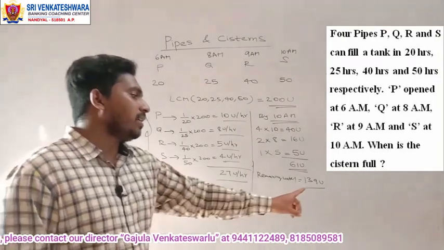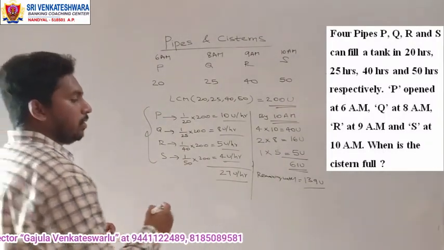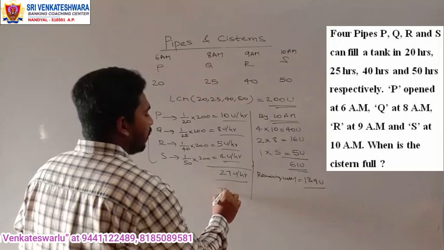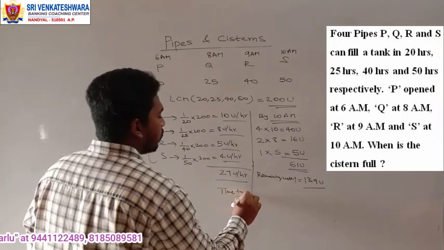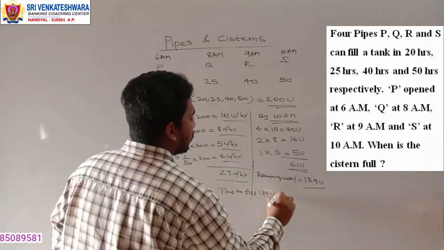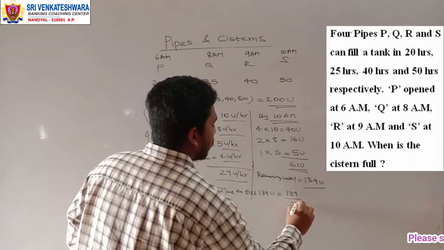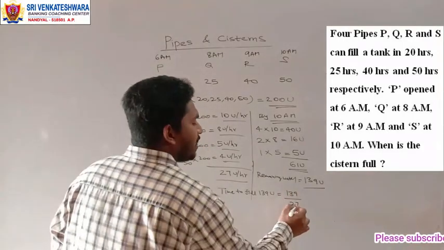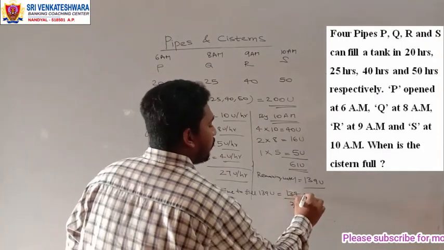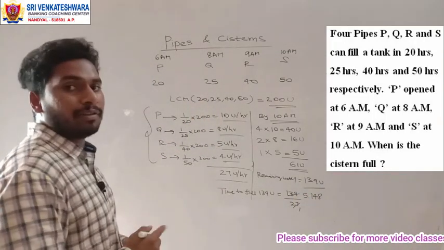The volume that is to be filled is 139 units. So the time to fill the remaining 139 units is 139 by 27, which is 5.148.